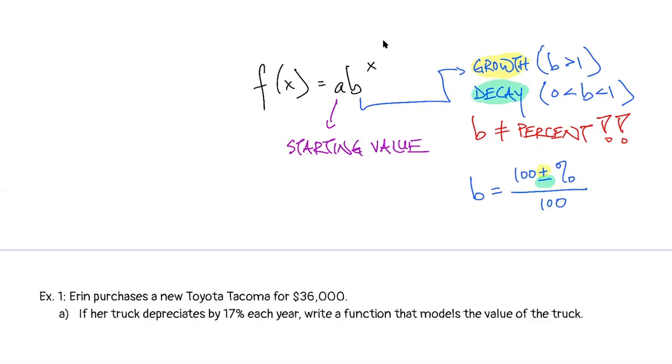Okay? So growth means add, decay means subtract. And you don't even need to move any decimal places here. You just need to pull the number that is the percent.